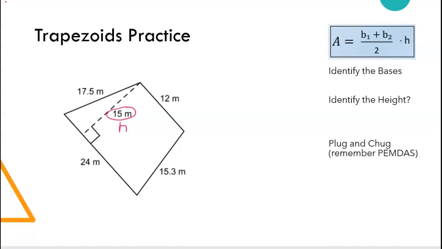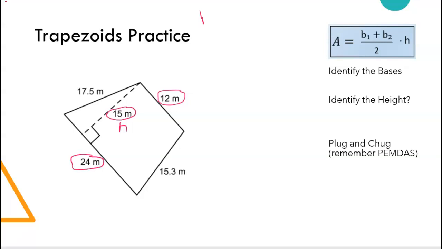Now, what are the bases? Is it 12 and 24? Or is it 17.5 and 15 and 3/10? Well, whatever your height line is connecting is going to be your bases. And if you look closely, you can see that those are your parallel lines.